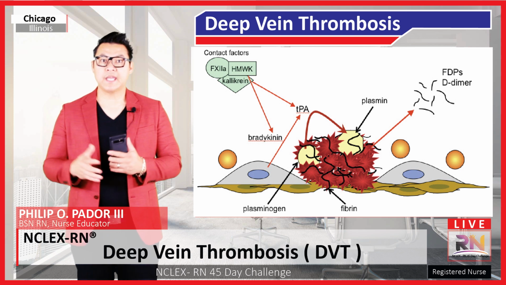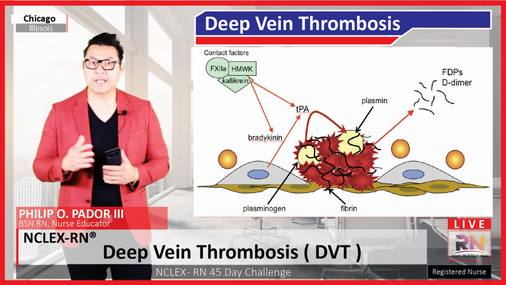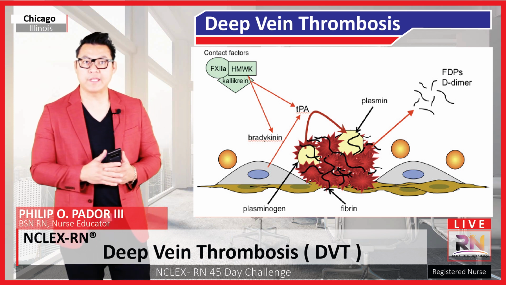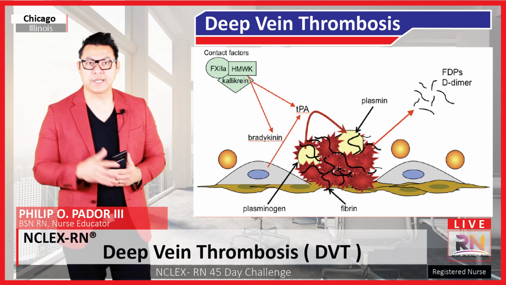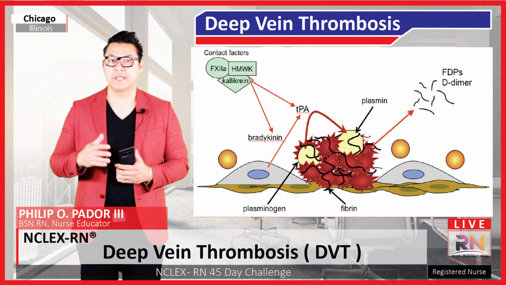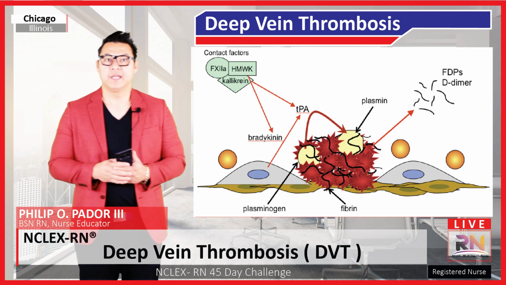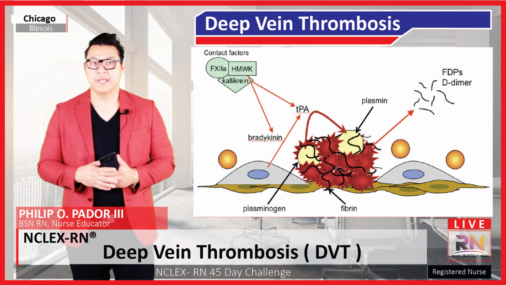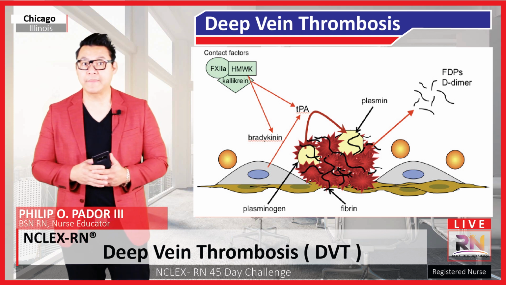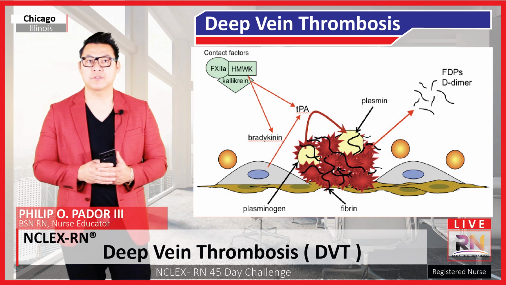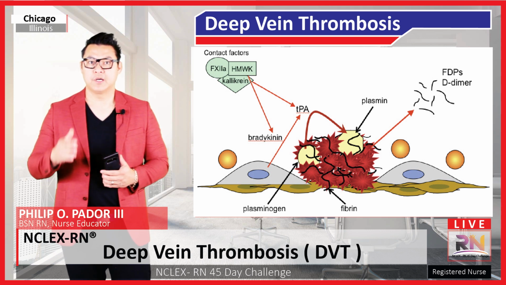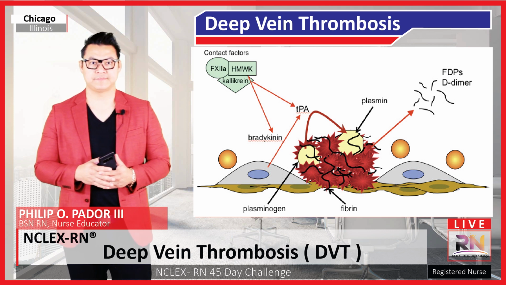However, testing for D-dimers is not very specific for deep vein thrombosis, as elevated D-dimers also occur in a number of other conditions, including pregnancy and post-surgery. So measuring the D-dimer is often not useful, but sometimes it is useful in ruling out pulmonary embolism or deep vein thrombosis.